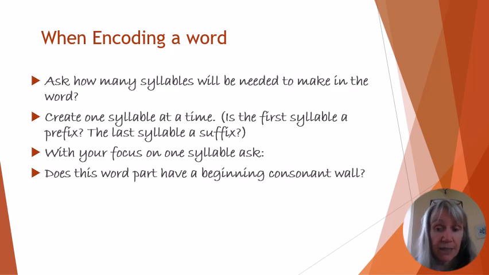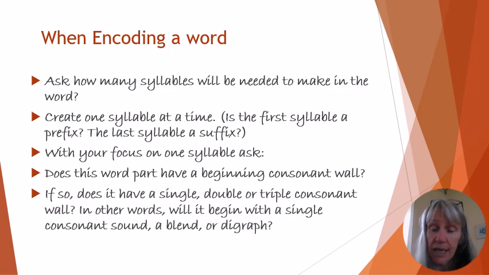Should it have a beginning consonant vowel? If so, will it have a single, double, or triple consonant vowel? In other words, will it begin with a single consonant sound, a blend, or a digraph? So those are the questions we need to ask when we are encoding a word.